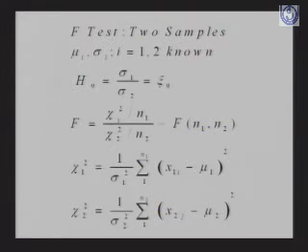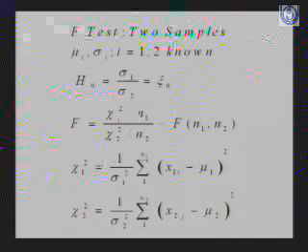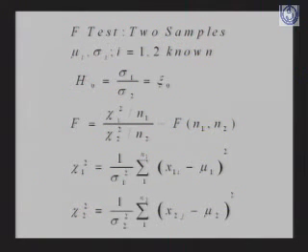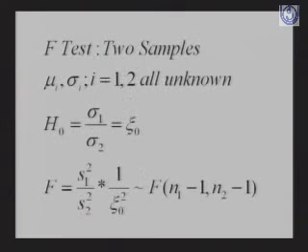And I can compute the two, since I know both mu1 and mu2. I can have sigma x1i minus mu1 whole square divided by sigma 1 square. All these things are known, and if they are not known, I will be replacing them with their sample value, but there will be a slight difference. Let us see this thing.